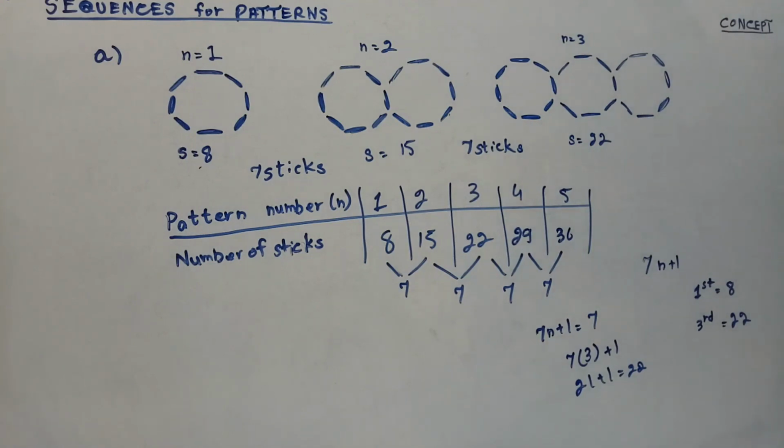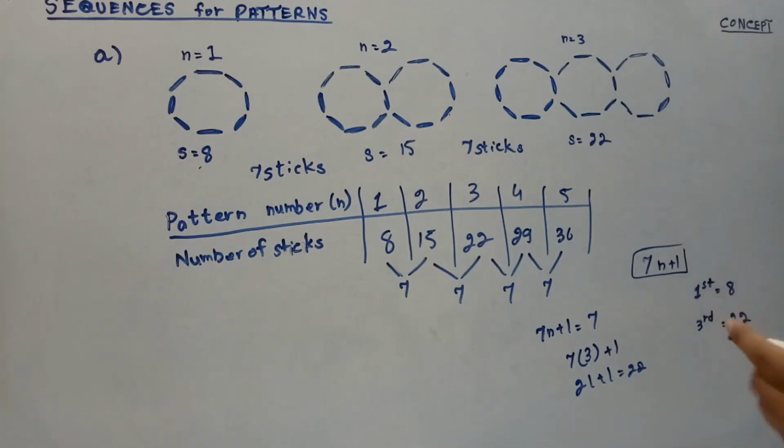So this formula is giving us the correct number of sticks on every pattern. This is the nth term for this pattern, and from this formula we can calculate the number of sticks present at any pattern.